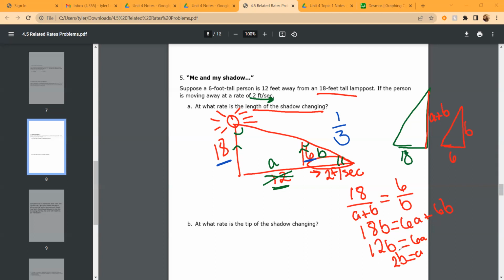This is much easier for us to deal with because we can figure out the derivative really quickly, right? If we take the derivative with respect to time, we're dealing with the way A changes, which we know is 2 feet per second, and can compare that to the way B changes, which is what we don't know. So we were told dA/dt at the beginning of this problem when it said 2 feet per second.